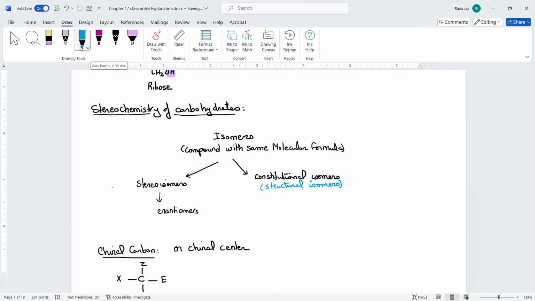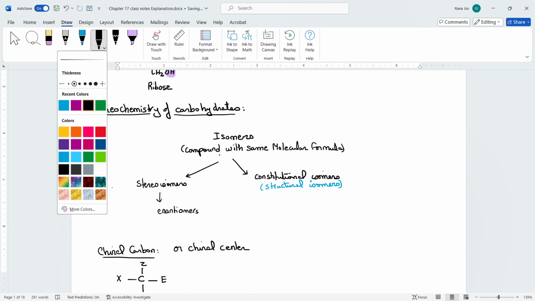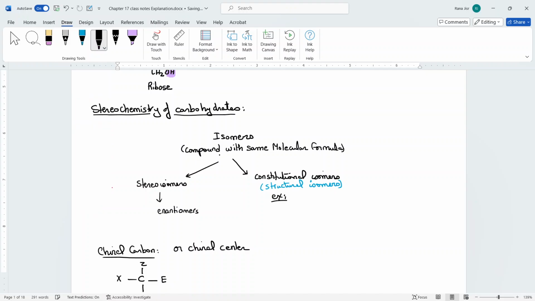So for example, let's say C2H6O. If I give you this formula and ask you to go ahead and draw all the compounds that have this molecular formula, this means I am asking you to draw compounds that share this molecular formula but have different connectivity of atoms.